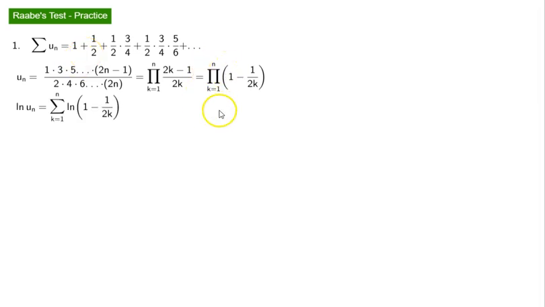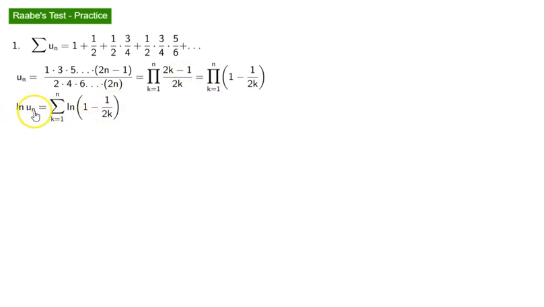Now, we don't want the product, we want summation. So how do we convert it? Remember, natural log of 2 times 3 is equal to natural log of 2 plus natural log of 3. So we are going to take the log on both sides.